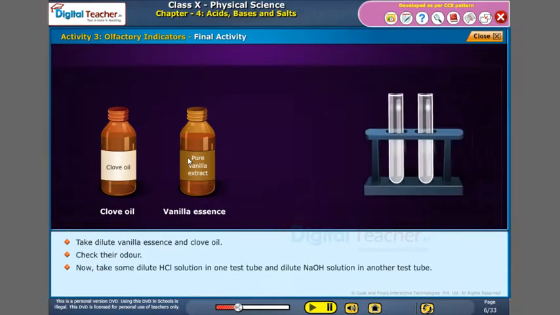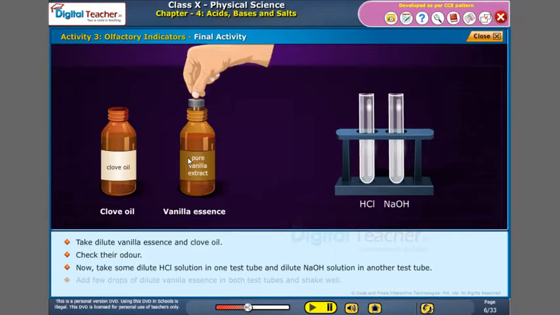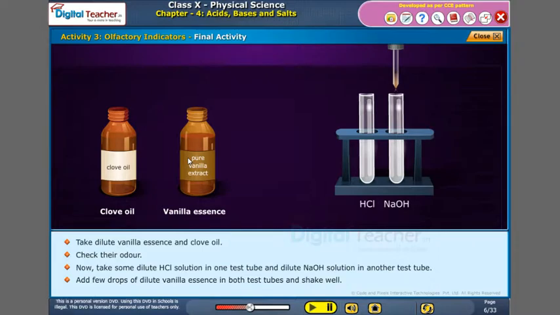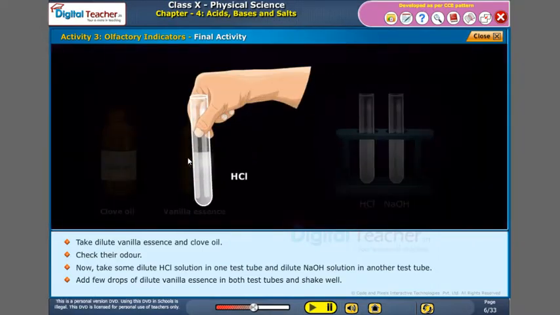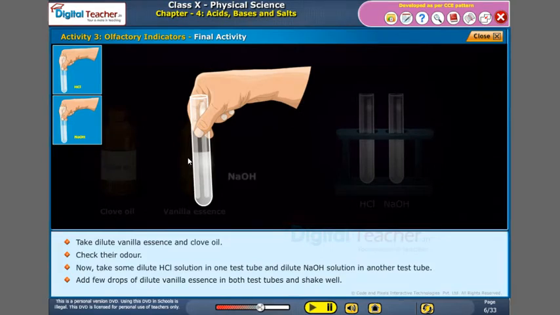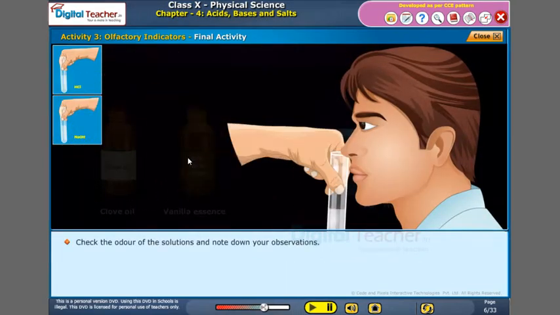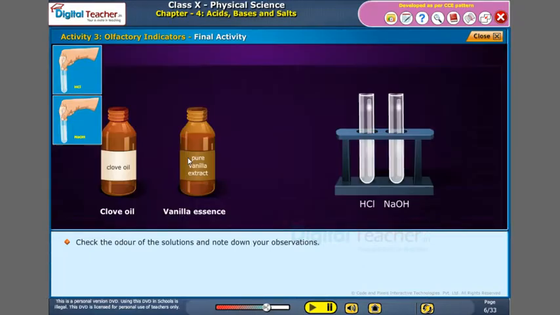Now take some dilute hydrochloric acid solution in one test tube and dilute sodium hydroxide solution in another test tube. Add a few drops of dilute vanilla essence in both test tubes and shake well. Check the odor of the solutions and note down your observations.